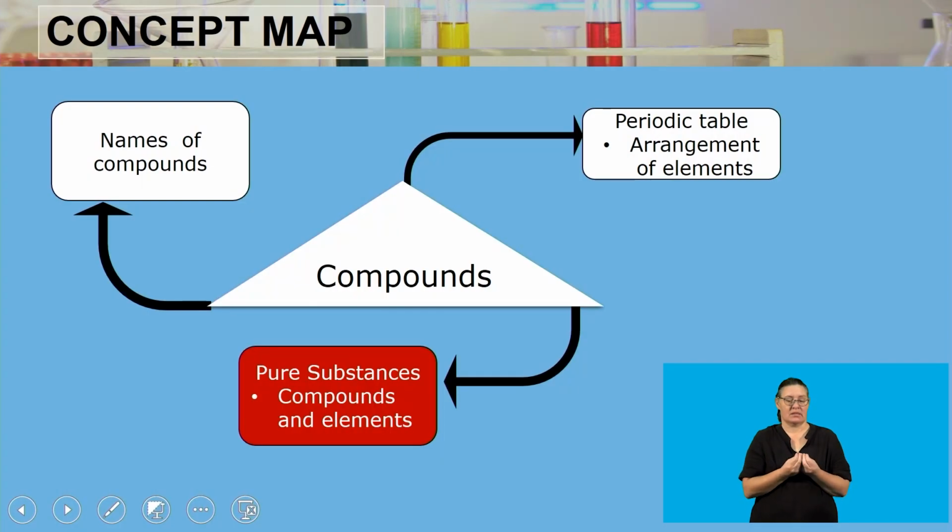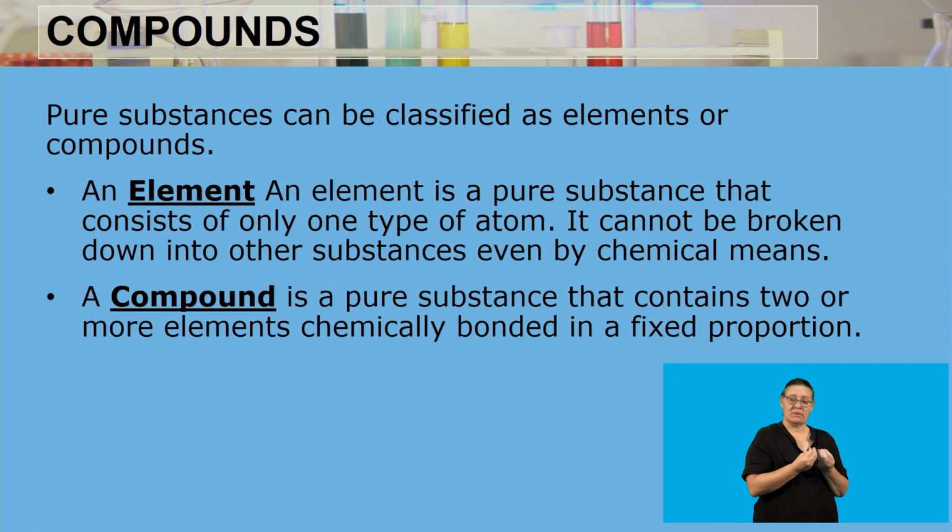So our second concept is pure substances, whereby we'll be looking at compounds and elements. Pure substances can be classified as elements or compounds. By definition, an element is a pure substance. Very important to remember, it's a pure substance that consists of only one type of atom, and it cannot be broken down into other substances even by chemical means.